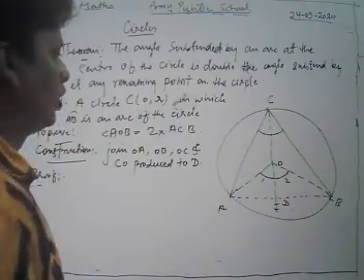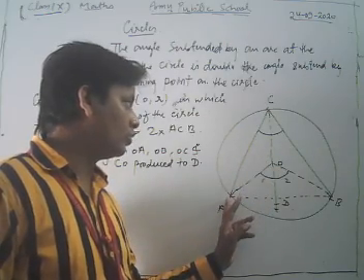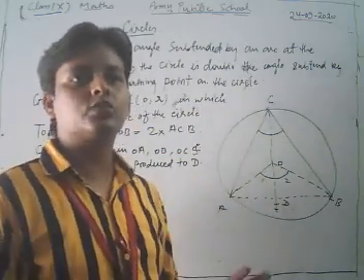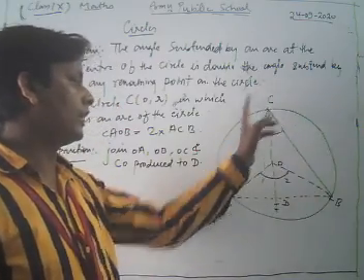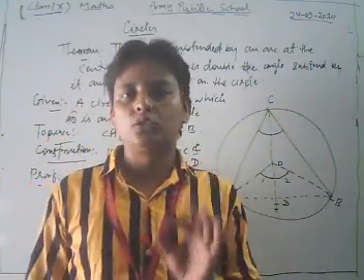Now look, in triangle OAC, OA is equal to OC, because each is equal to R, the radius of the circle.